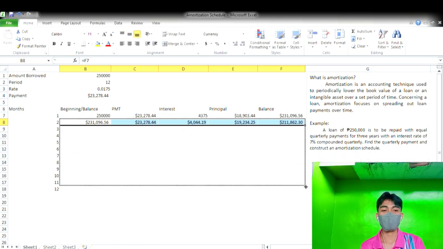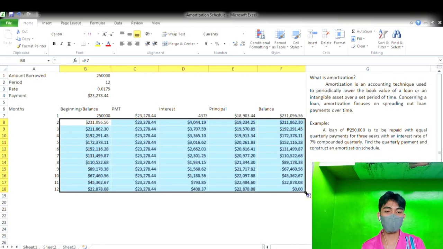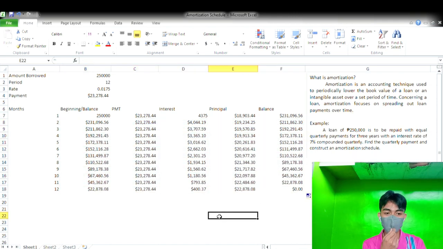We are done. The remaining balance here will be 0.00 since our goal in amortization is that at the end of 12 periods our balance is 0, and that's how we create an amortization schedule using Excel.